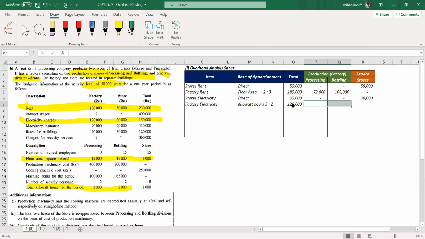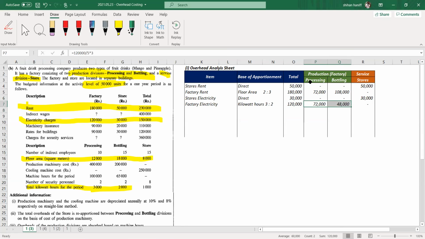How much is for processing and how much for bottling? It will be divided 3:2. 120,000 divided by 5 into 3, then 120,000 divided by 5 into 2: 72,000 and 48,000.